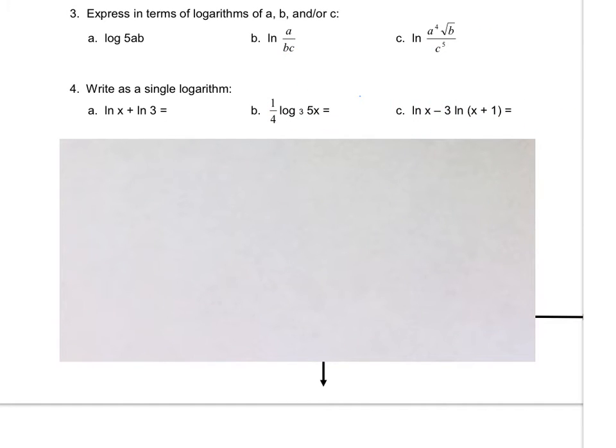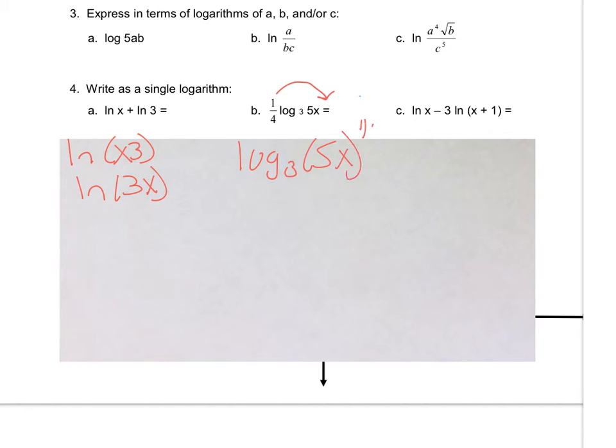Now we can use the same properties to go backwards in number 4. So because we have an addition for A, we can rewrite that as ln of x times 3, but that x times 3 looks backwards, so we're going to write it as 3x. In B, this coefficient can come back and be the exponent, but it's the exponent on the entire 5x, which is why I do those parentheses.